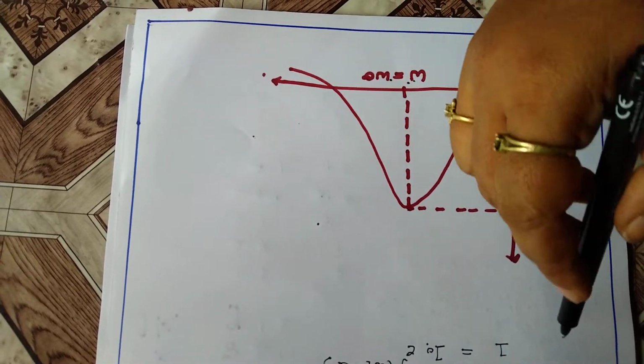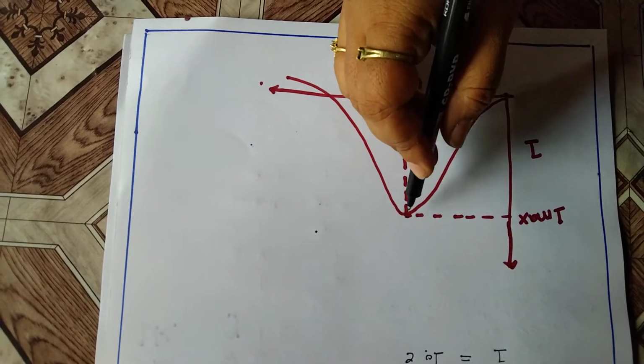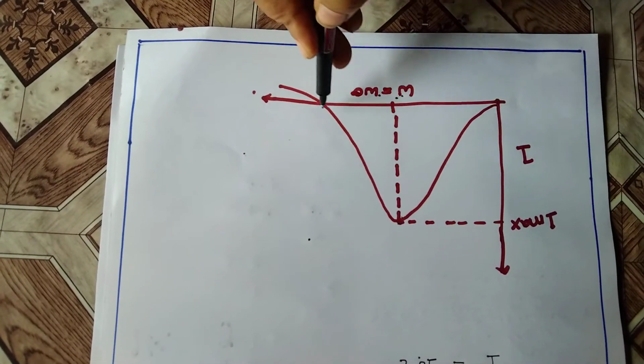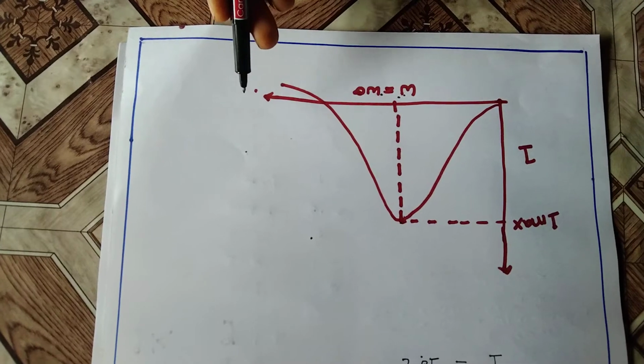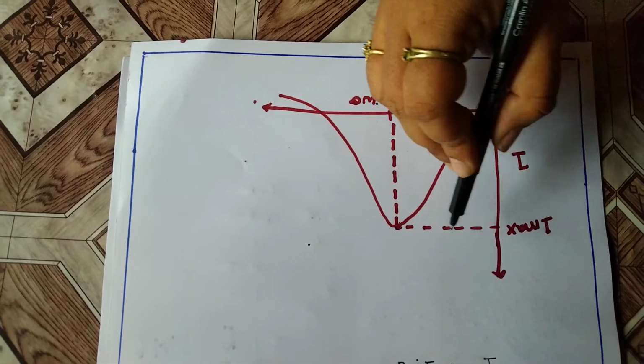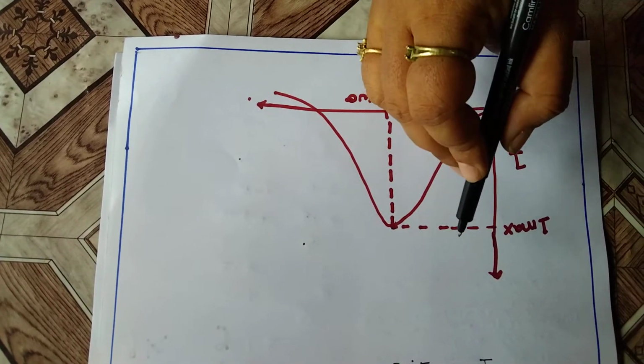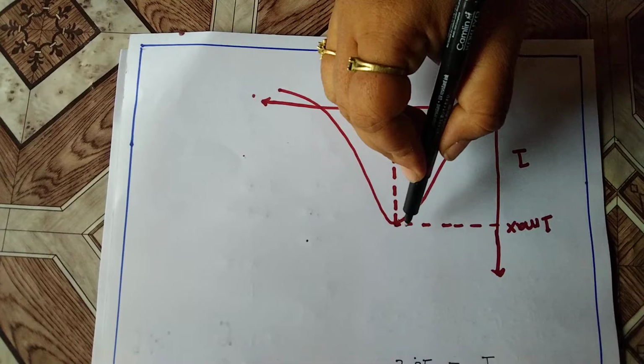This is the graph we get. First it increases, then reaches a maximum, then decreases. This is the maximum current flowing through the LCR circuit. This is known as resonance.